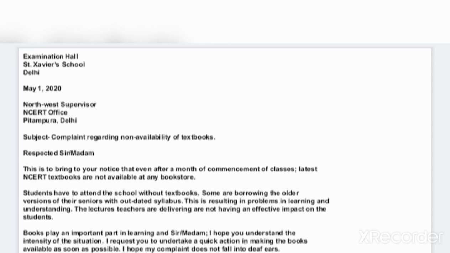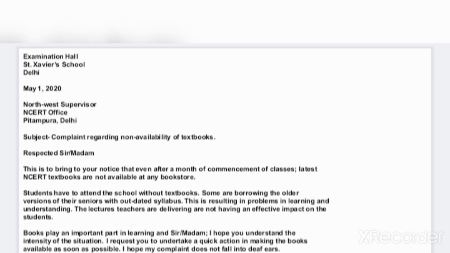Then, date. Okay, May 1, 2020. Now, Northwest Supervisor, NCERT Office, Pitampura, Delhi. Subject, complaint regarding non-availability of textbooks. Then salutation, respected sir, madam. Or you can write only sir, madam also.